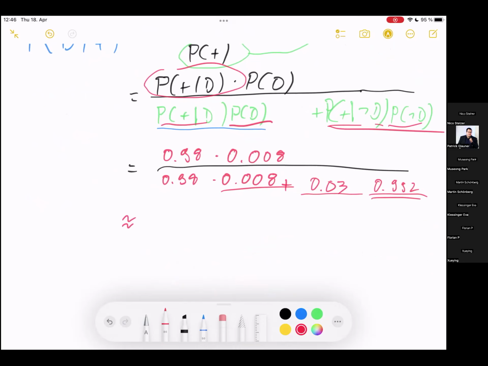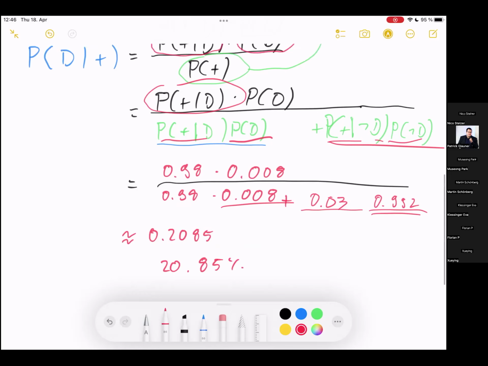And if you use a calculator, and the numbers hopefully look all correct, this is 0.2085. That means the probability of having the disease is only 20.85%.